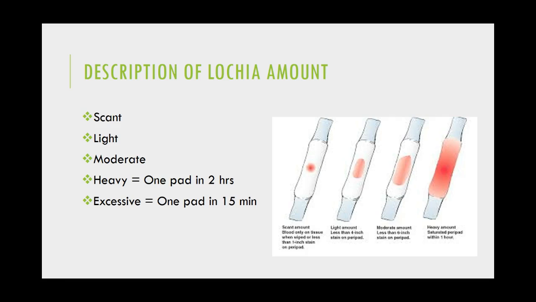Sometimes heavy bleeding will occur directly after delivery, and one thing that we need to note about that is, what does it look like? What's the consistency? Are there any clots coming out in that lochial discharge?